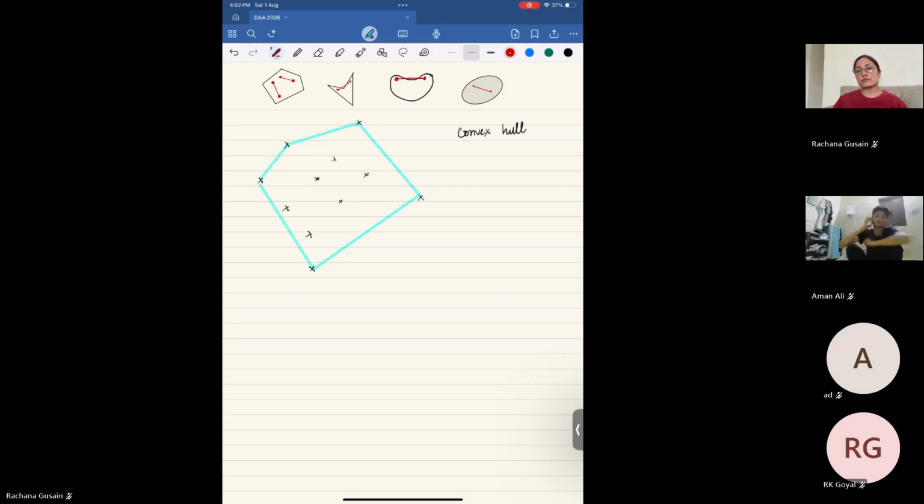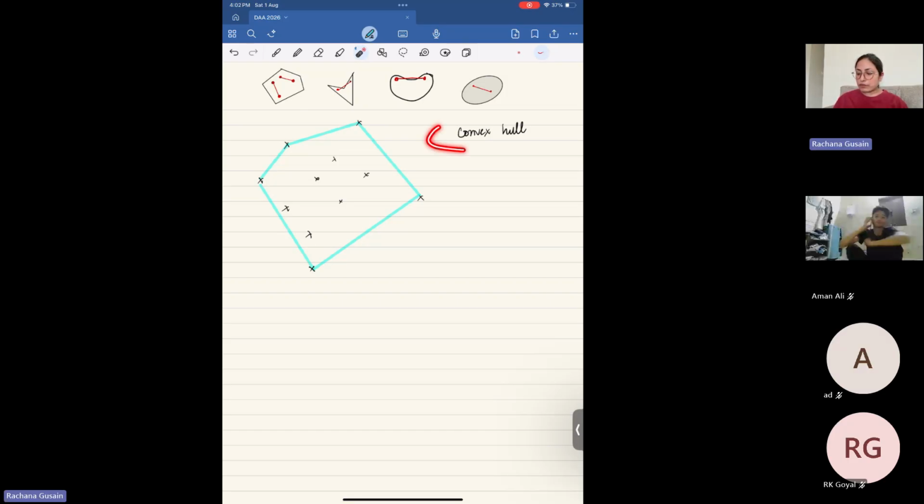Yes or no? This is convex. Yeah, this figure that I just drew is convex. Yeah. So is the definition clear? Convex and non-convex polygons.